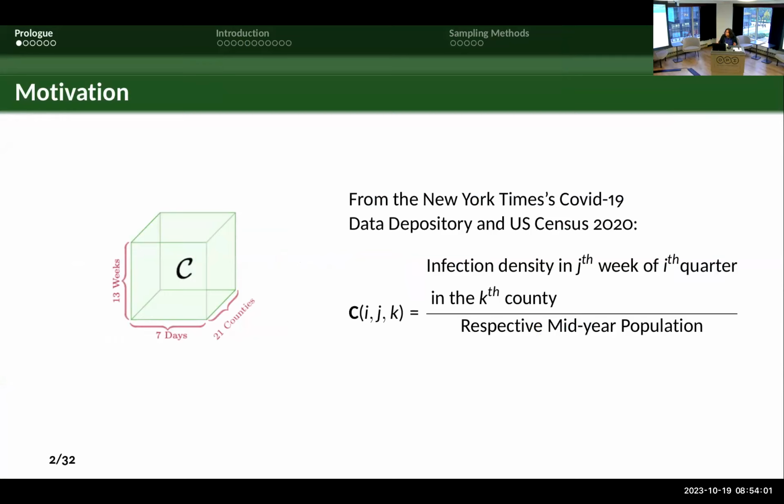We also use the US Census data to create an infection density tensor. A third order tensor represents the infection density for a state. In this case, our study is for New Jersey, which is the densest state in the US.